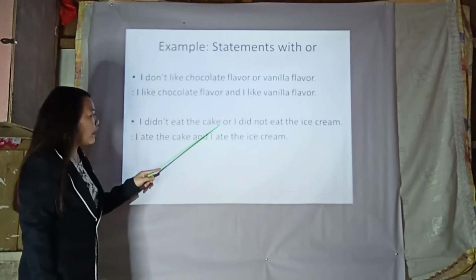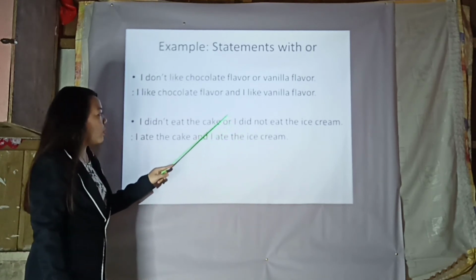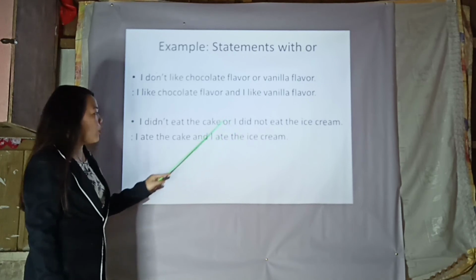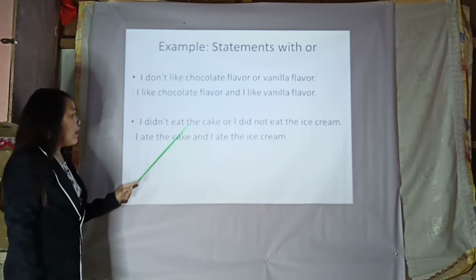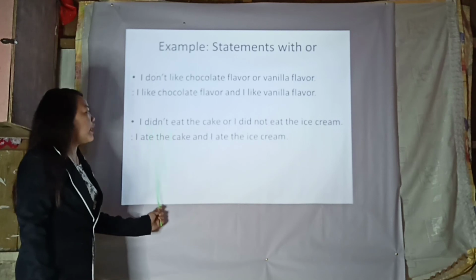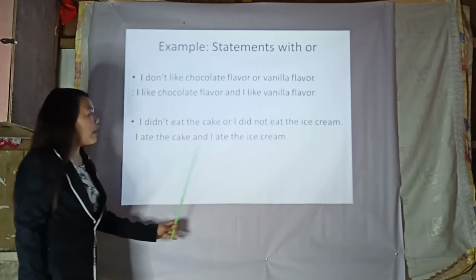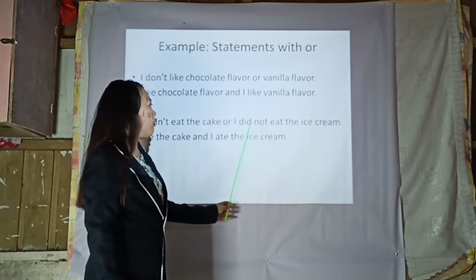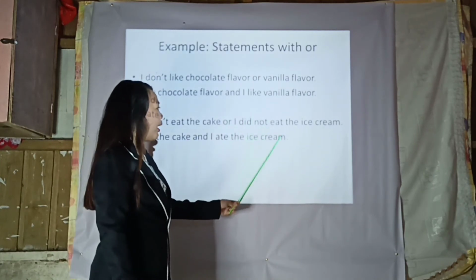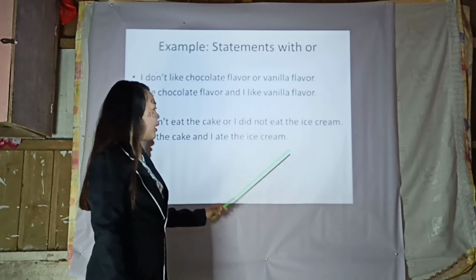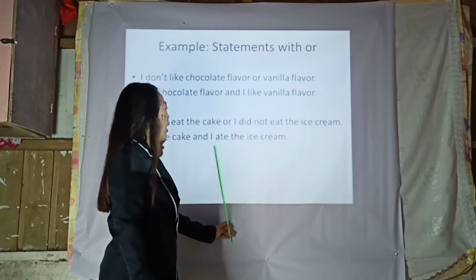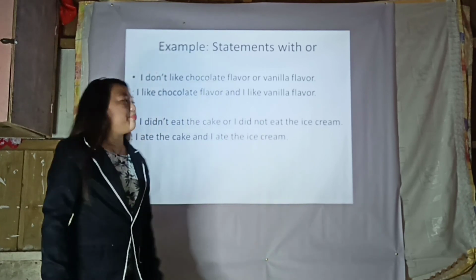As you can see, the negation of or will be and, and the negation of didn't, which is negative, will be the positive, I ate the cake. And the negation of did not, or not, will also become positive. Therefore, I ate the ice cream.